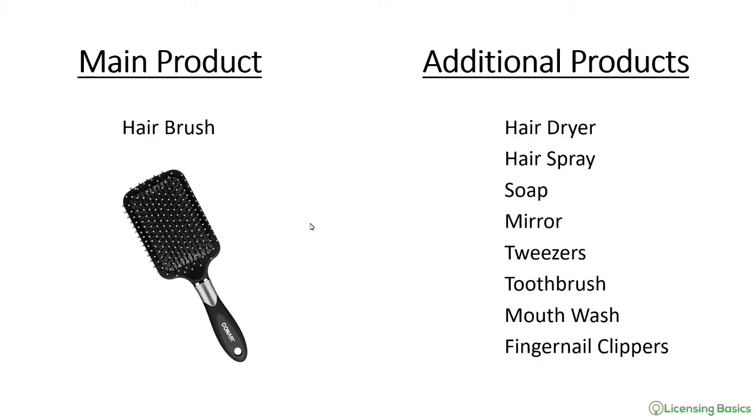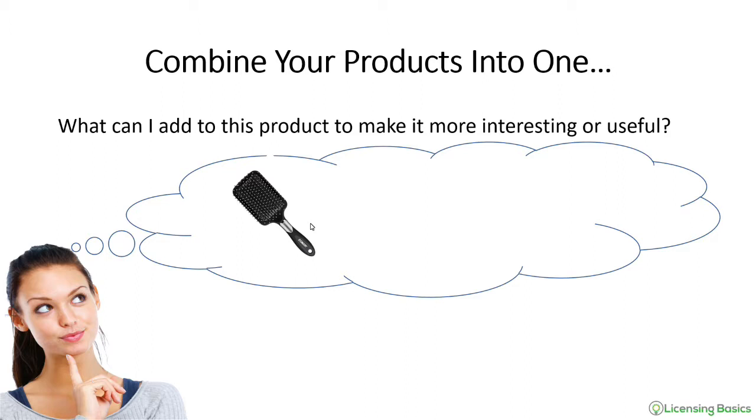So basically what you want to do is just create a big list of a bunch of other products. It could be in the same category. You could be even more creative and think of products in other categories, but usually it's simpler with products in the same category. So now that we have this list of additional things, let's see what we can combine.